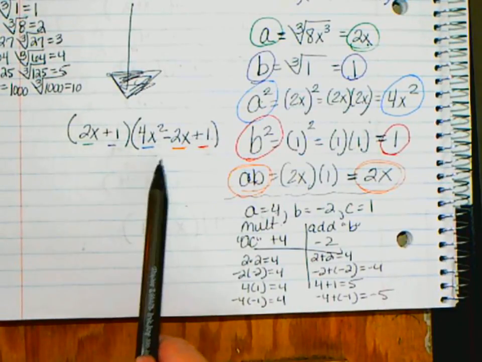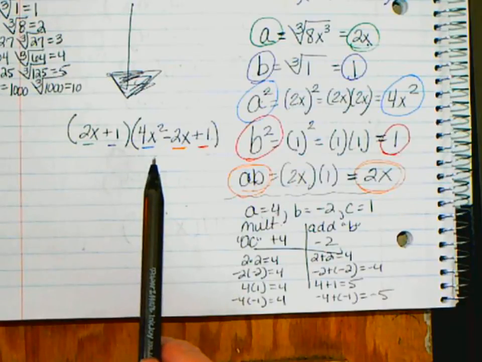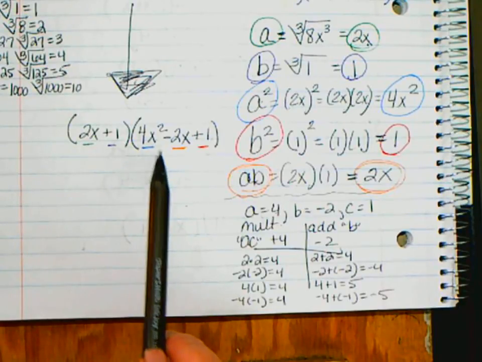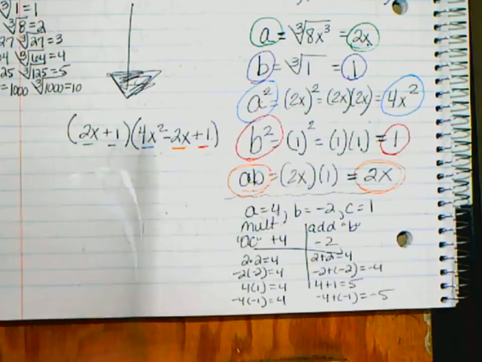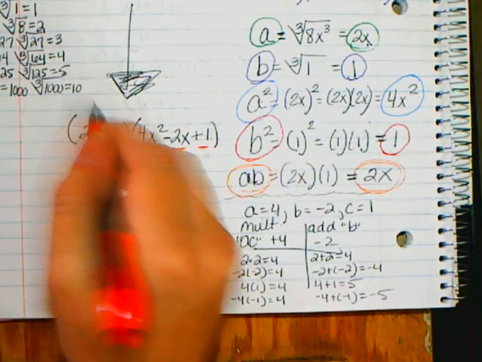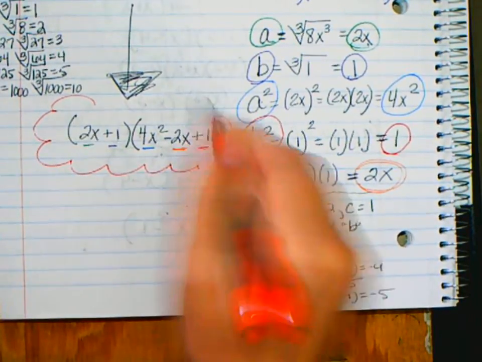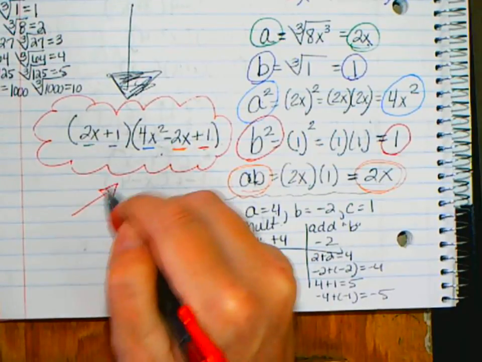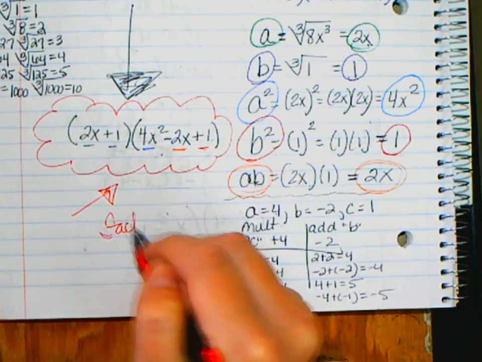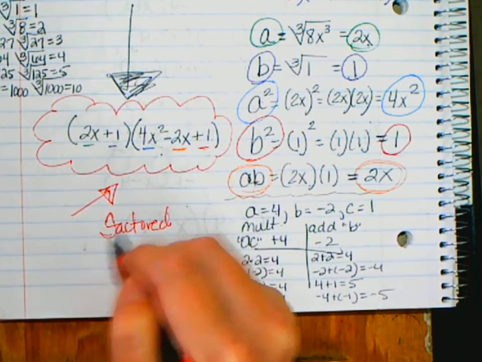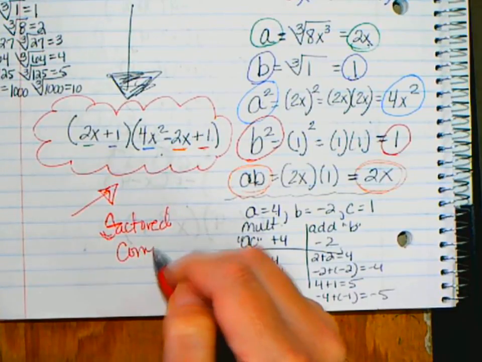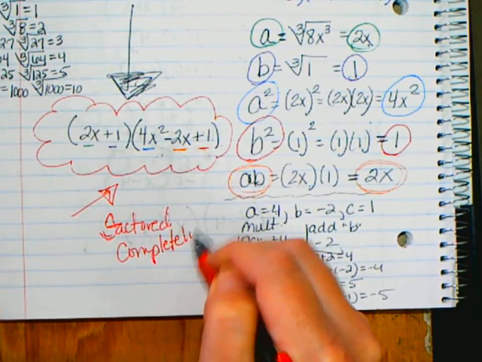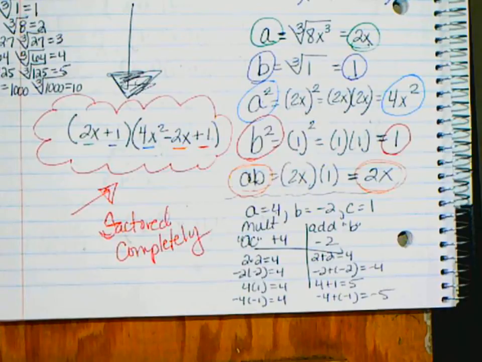Now I could still solve it, right, if it asked me to, but it didn't ask me to. It just wanted me to factor. So as far as factoring goes, this is factored completely. Everybody cool with that?